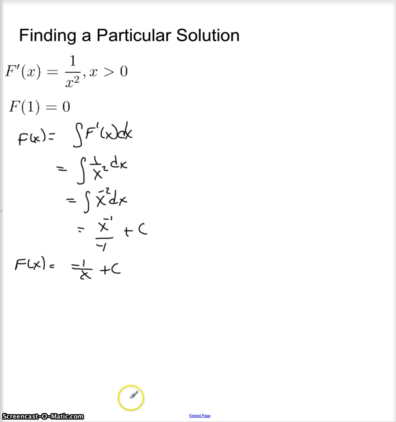And now I'm going to come up here and use my initial condition. I know that f of 1 is equal to 0. So when x is 1, this is negative 1 over 1 plus c, I know my function is equal to 0.